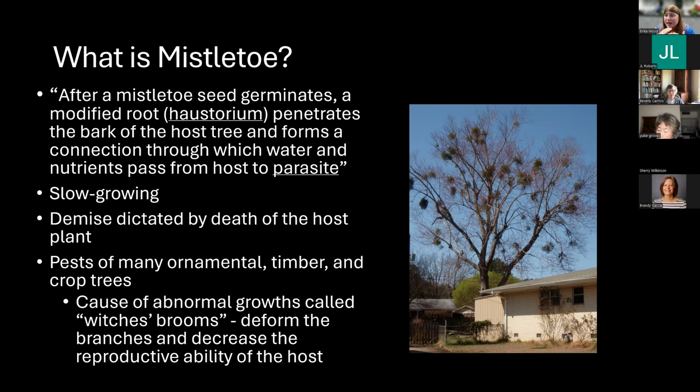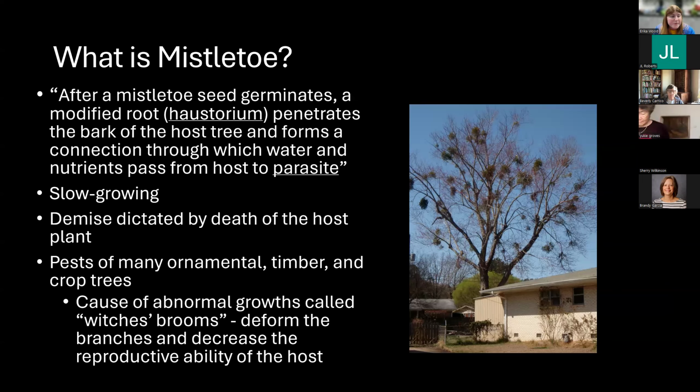That root is able to penetrate even rough surfaces, different tissues, so it can penetrate the bark of the host tree that it's on. It forms this connection to the point where it is able to absorb water and nutrients from that host tree through that haustorium. So that's where you're getting that parasitic nature from.